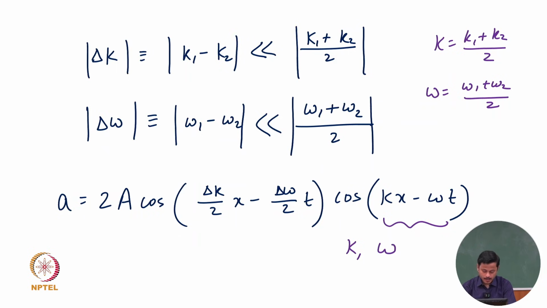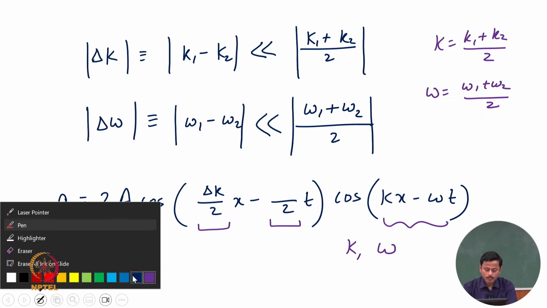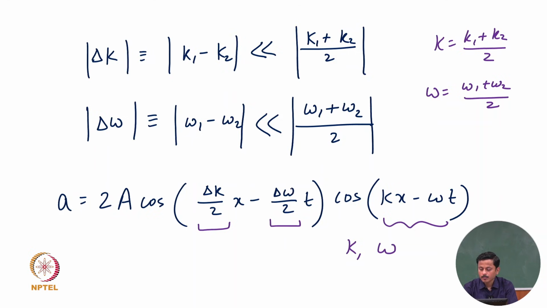The first cosine function involves a much smaller wave number, only delta k by 2, and a much lower frequency, delta omega by 2. As we mentioned previously, delta omega is much less than omega, and delta k is much less than k.